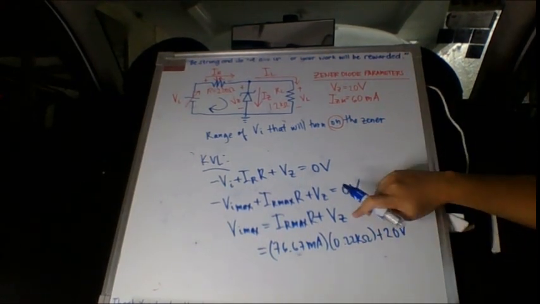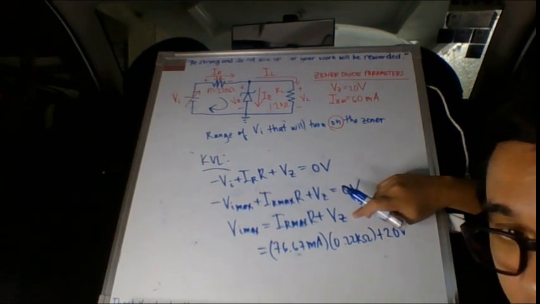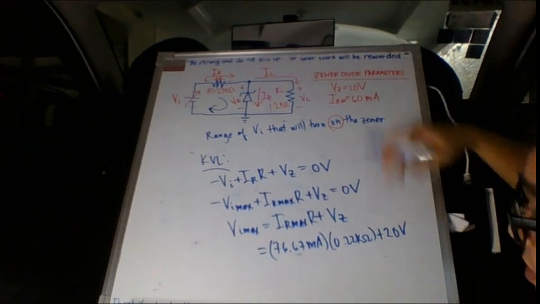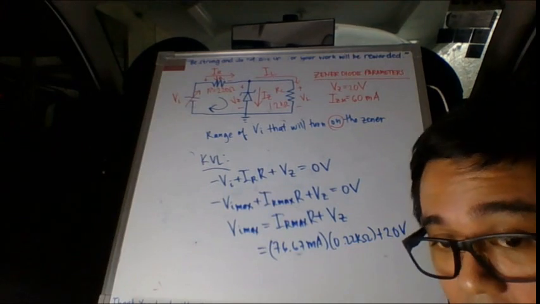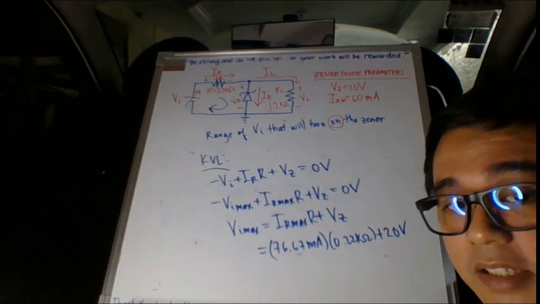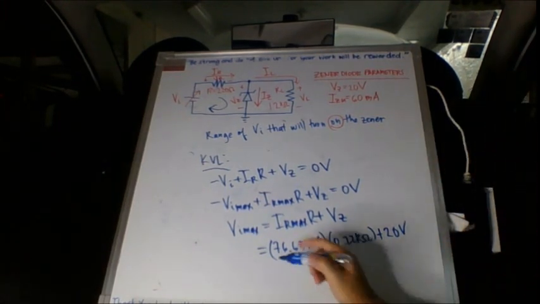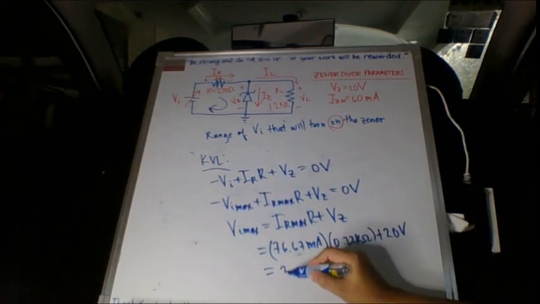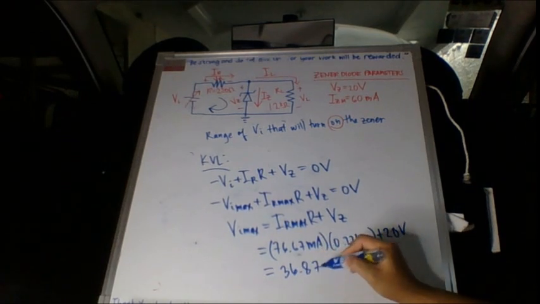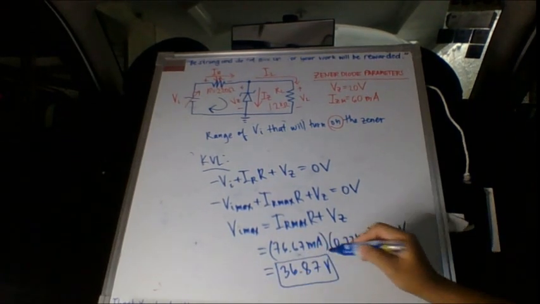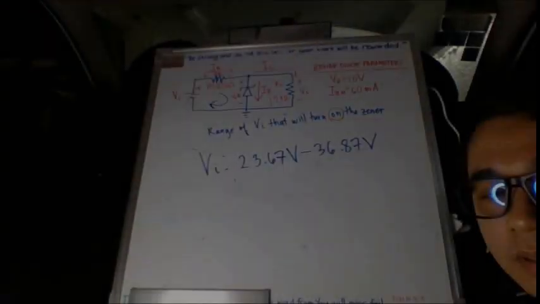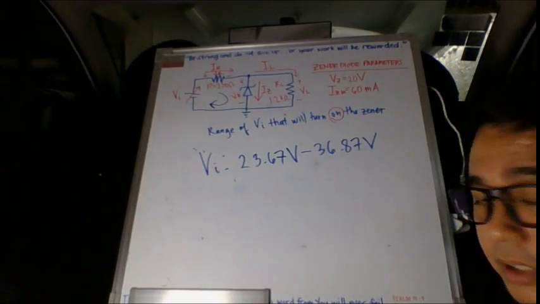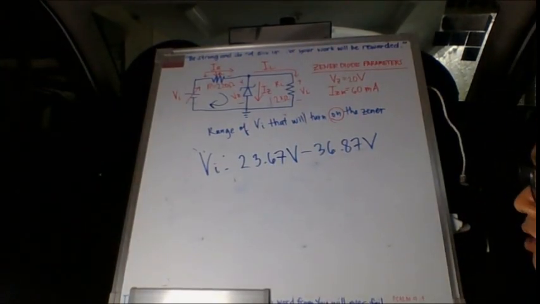Kasi nga, yung ating nominal Zener voltage is 20 volts because we're assuming na naka-on na or nag-regulate yung ating Zener diode. Solving for VI max, we have 36.87 volts.